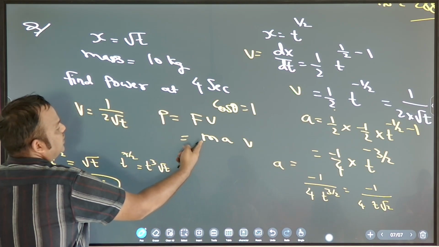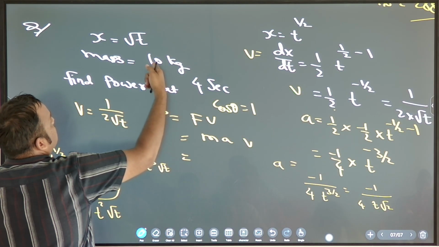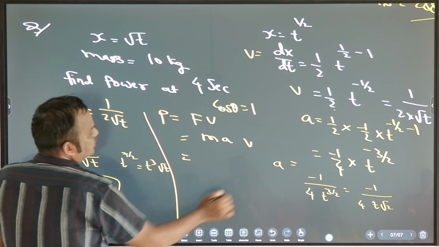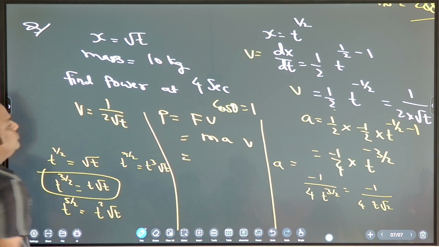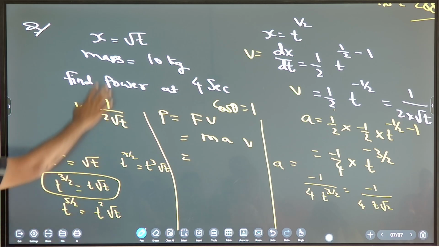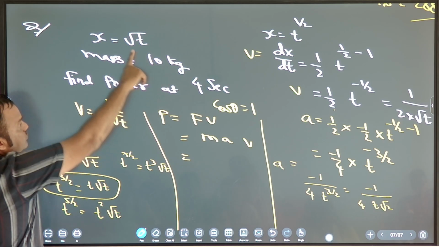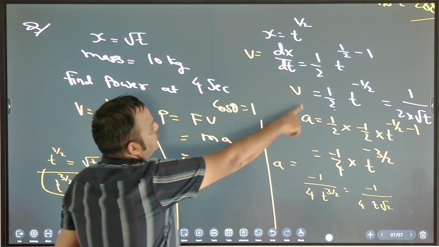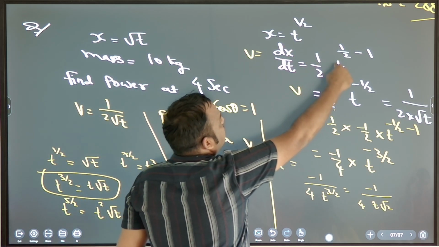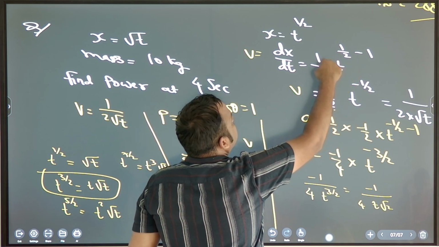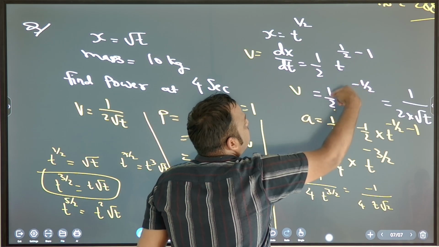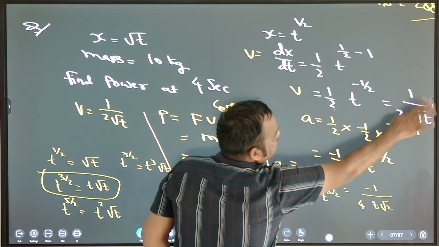Now substitute here. Mass is given as 10 kg. This is the power. X is equal to root t, so velocity is dx by dt, which is 1 by 2 root t.